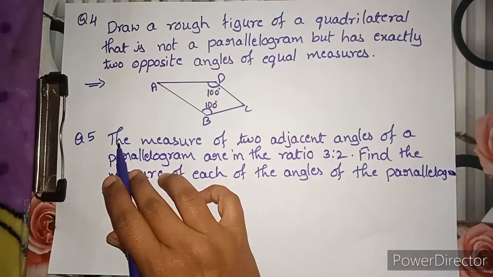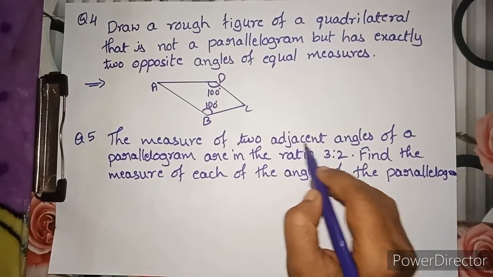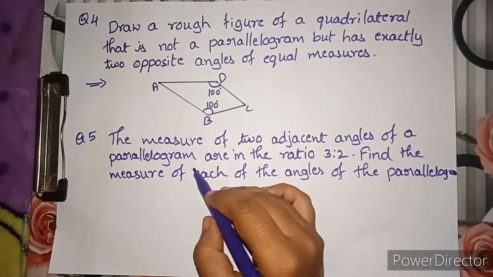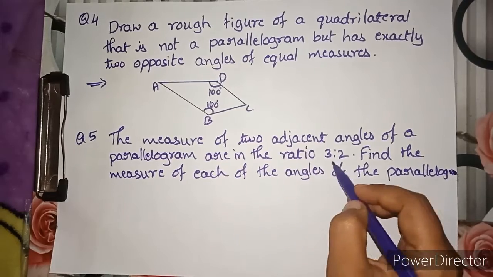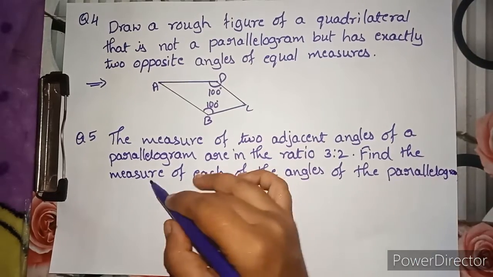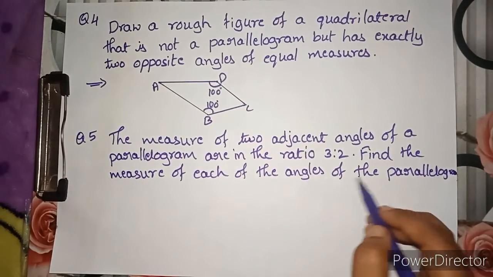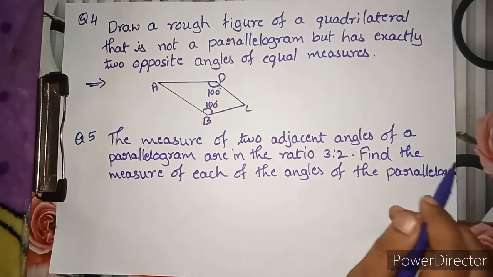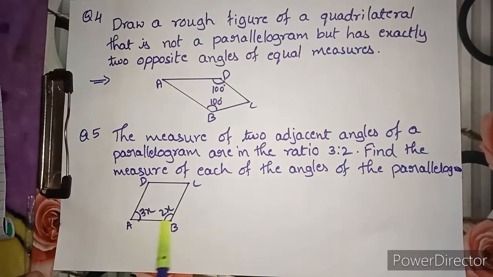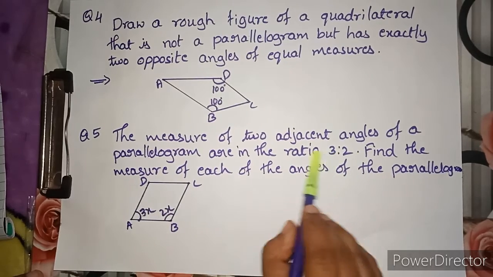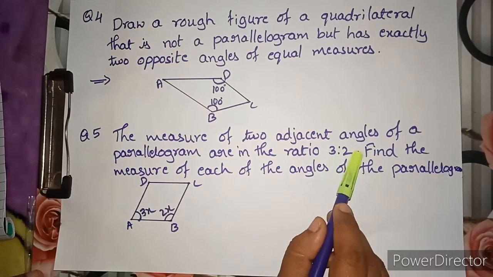Question number 5. The measure of two adjacent angles of a parallelogram are in the ratio of 3:2. Find the measure of each of the angles of the parallelogram. Okay, this is the figure. ABCD is a parallelogram and adjacent angles are in the ratio of 3:2.